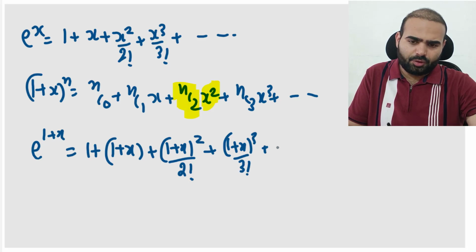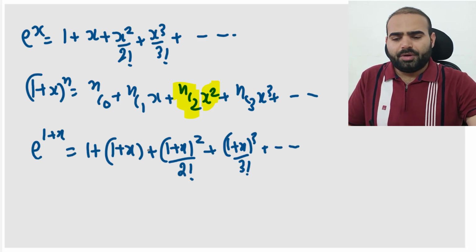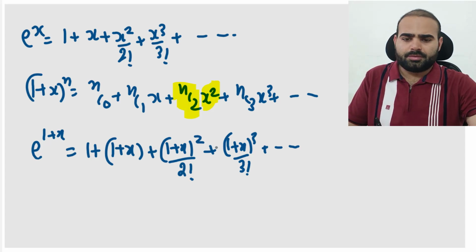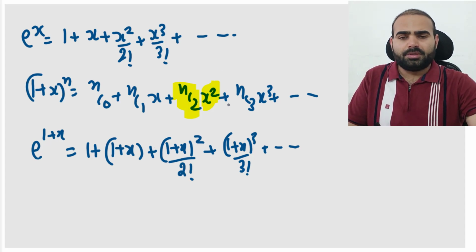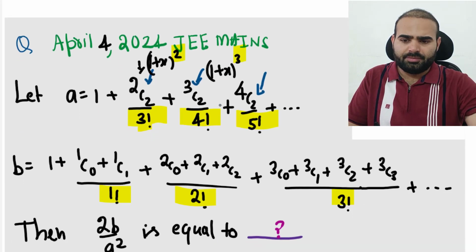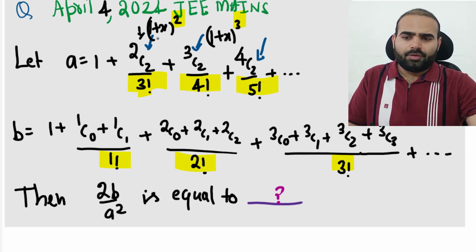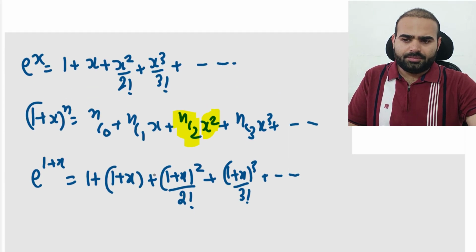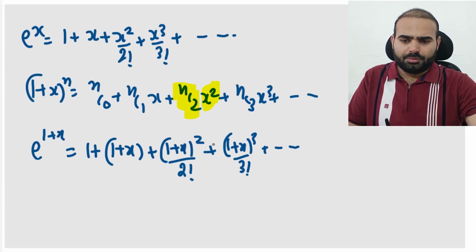But that's not what we are looking for, because we want one less power: 3 factorial contains the coefficient of (1 plus x) whole square. So there should be a reduction of one power. What we can do is divide each side by 1 plus x.